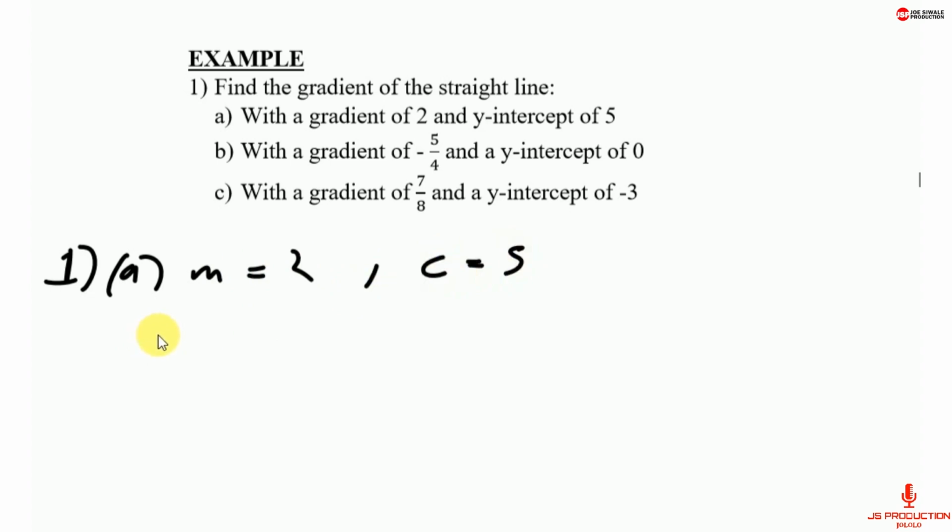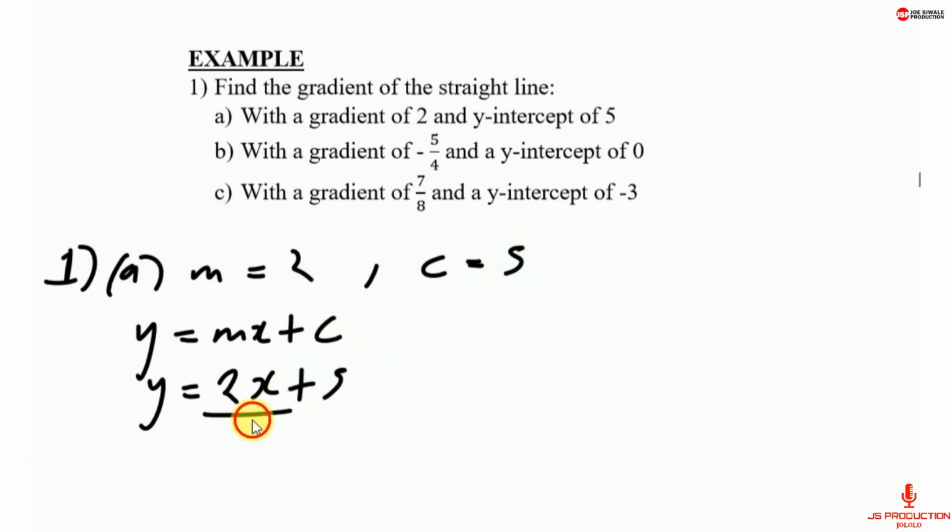So we're going to write the general form of the straight line. So y is equal to mx plus c. So our y will be equal to 2x plus c, we know that's 5. So that's going to be our answer.